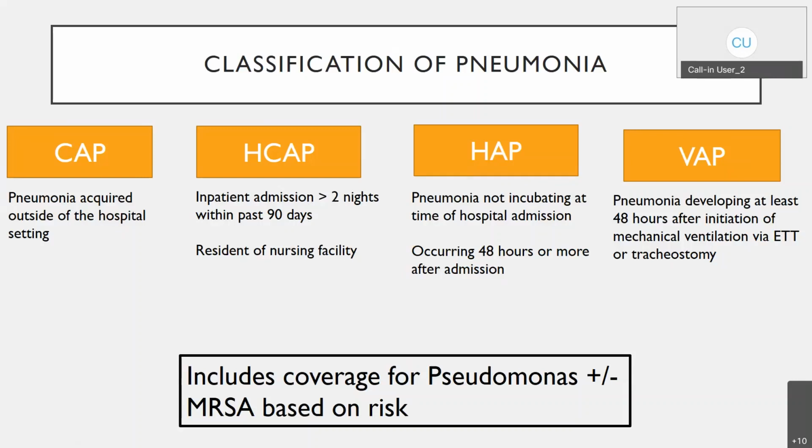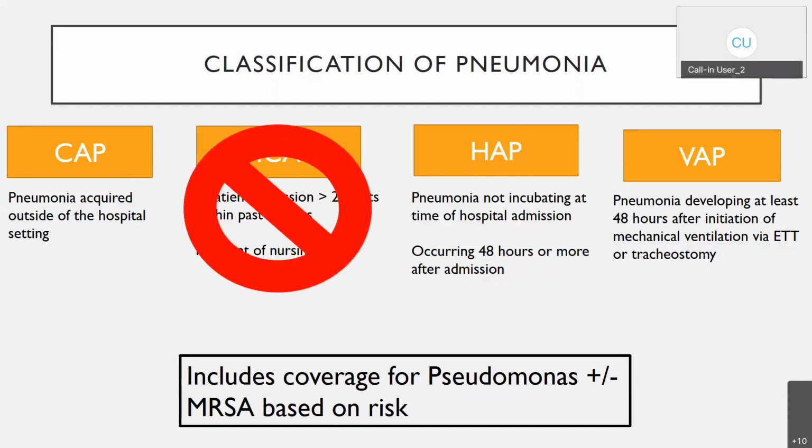And so the guidelines developed this category of healthcare-associated pneumonia, or HCAP, to define people who needed to be covered for those pathogens. Unfortunately, as time went on, we realized that this wasn't as common as was initially thought, and we were way overusing drugs to cover MRSA and Pseudomonas, which was breeding resistance and other collateral side effects. So in 2016, we got rid of HCAP, and that's not a thing anymore.